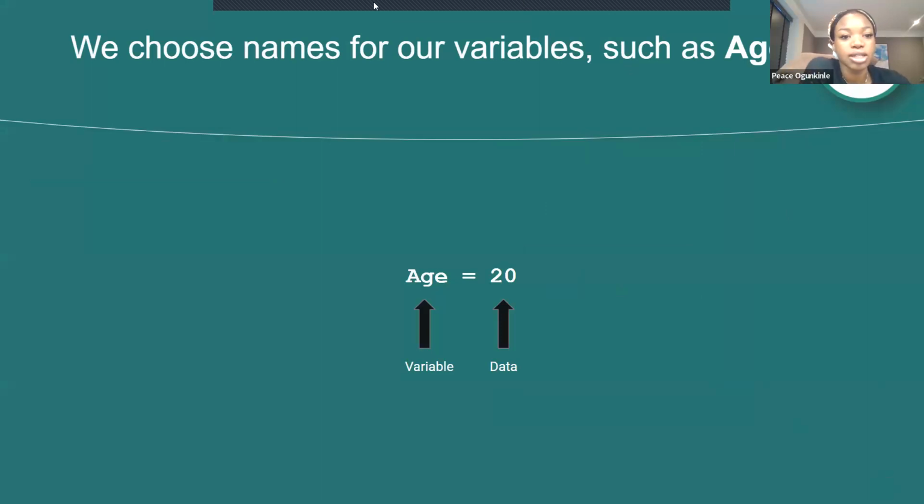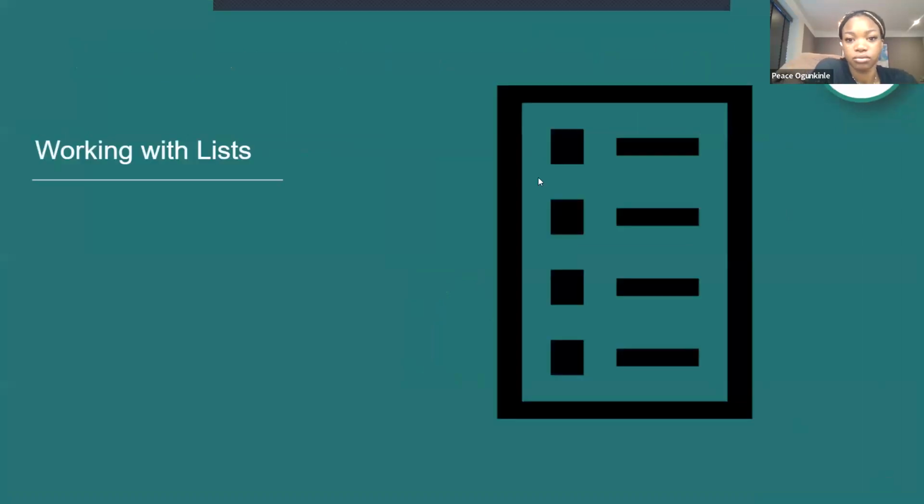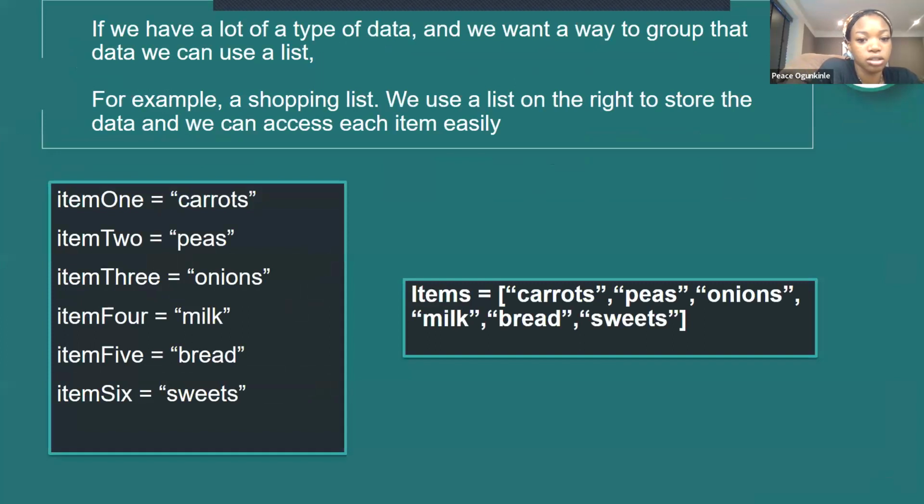Okay, onto lists. Next slide. Okay. So we learned what variables were, and variables are used to just store one piece of data. You use a variable to store one word, one number, but we have things called lists.